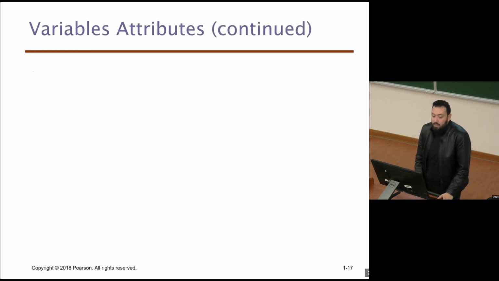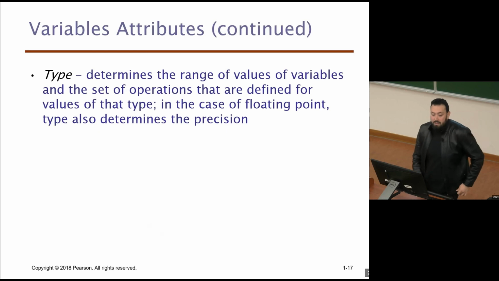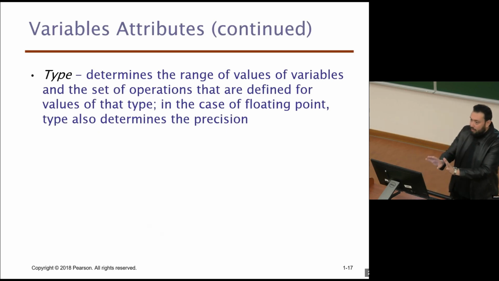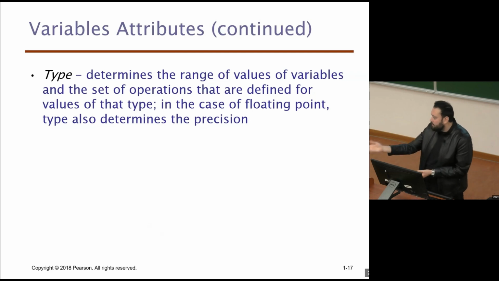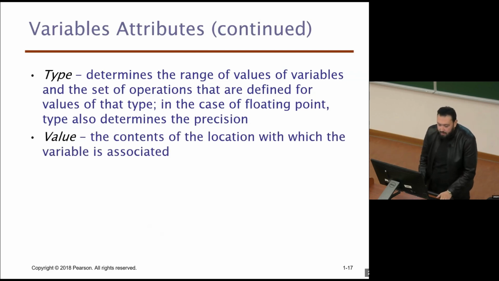Okay. Now, another attribute is type. We're not going to talk about it a lot. We're going to have a separate lecture just for data typing. But do you know what type is? Like integer, float, string. And then the value. What I want you to focus on is that the value attribute stores two things for each variable. What are the two values that can be stored for a variable?